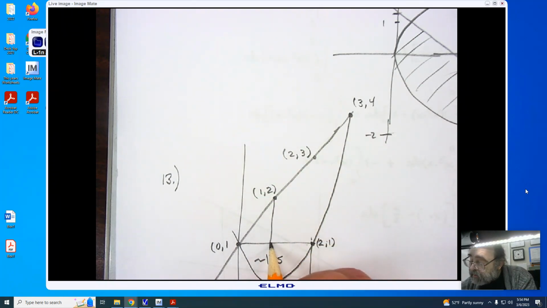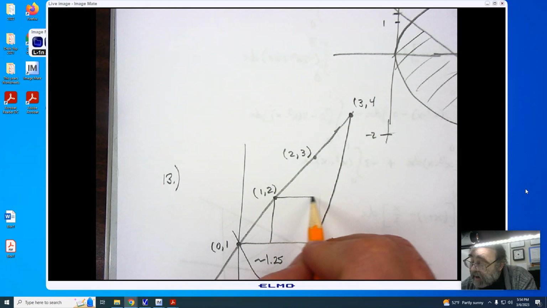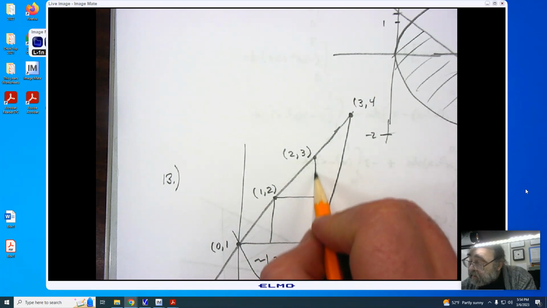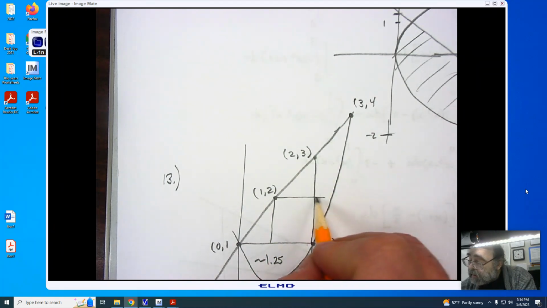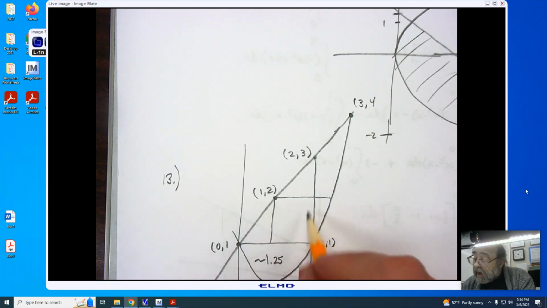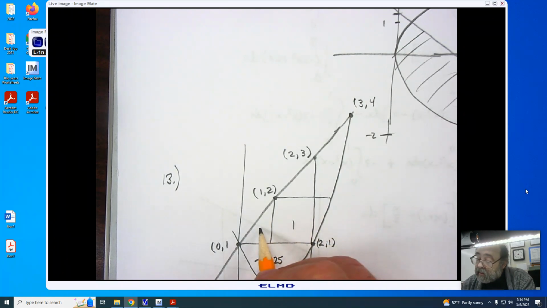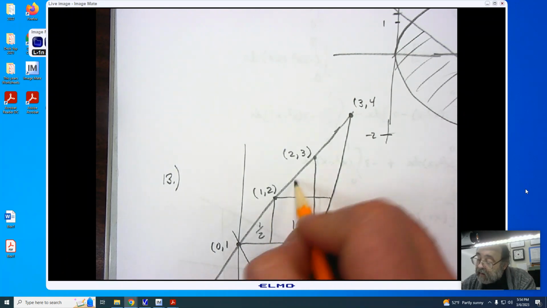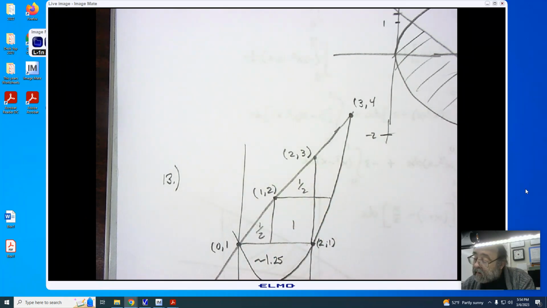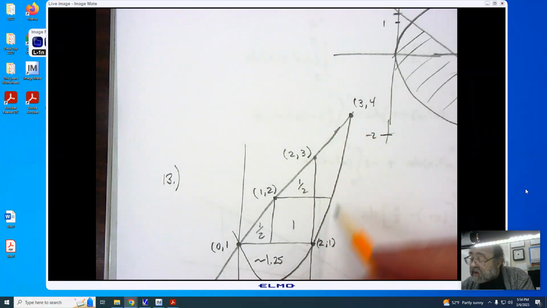So I've got a small triangle, I've got a rectangle, triangle, and something. Well, I know that this is 1. I know together that this is a half and a half. And so I'm looking at 1, 2, 3, and a fourth. And I'm looking at what's in here.